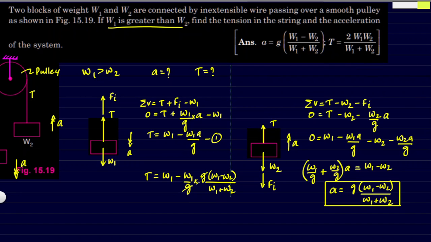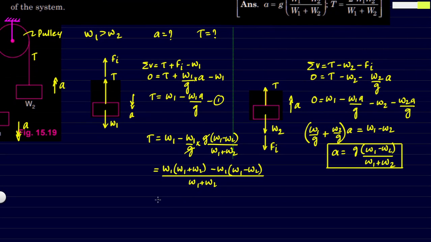So simplify this, g will get cancelled, and here we get W1 times (W1 plus W2) minus W1 times (W1 minus W2) whole divided by (W1 plus W2). So when we expand the brackets, the W1 square minus W1 square will cancel, this minus to minus becomes plus, so we get 2 times W1 W2 in the numerator and W1 plus W2 in the denominator. So this here is the formula for tension in the string.